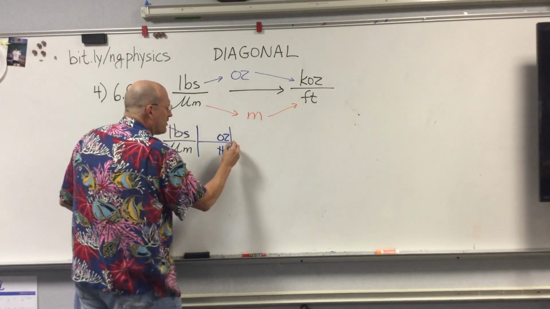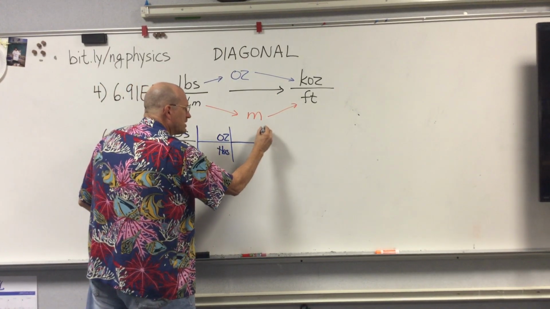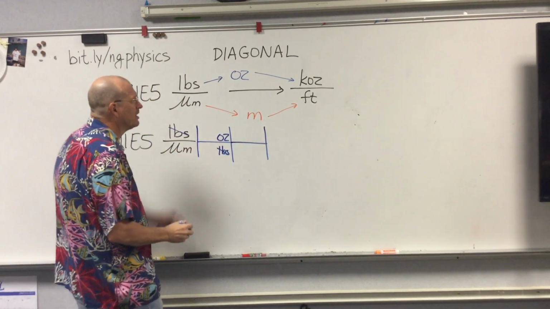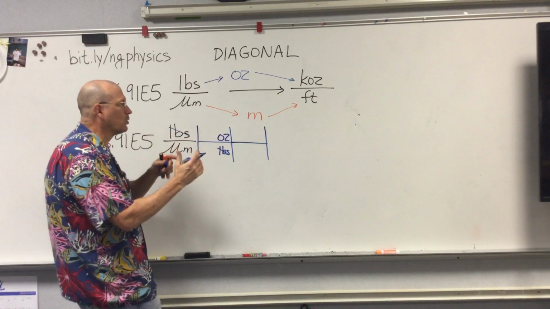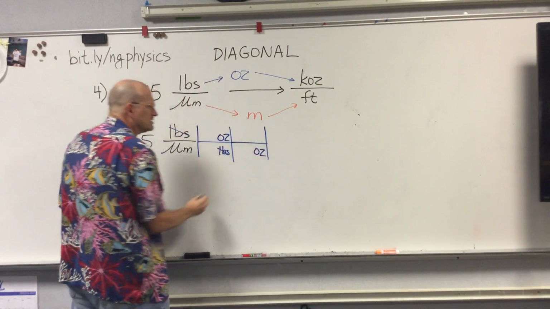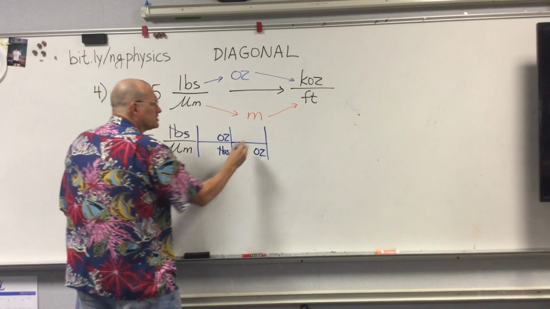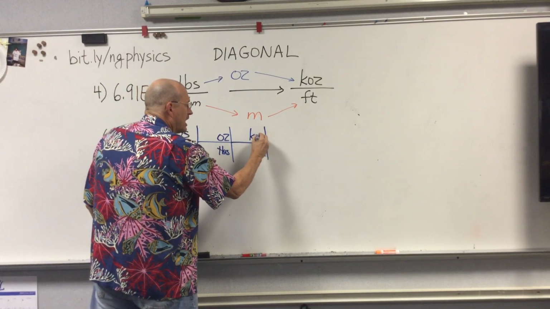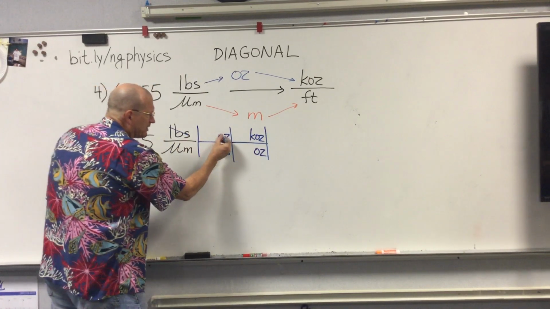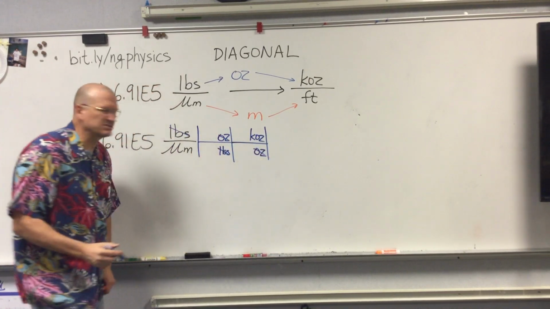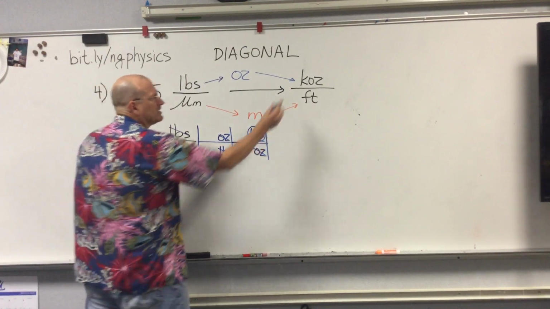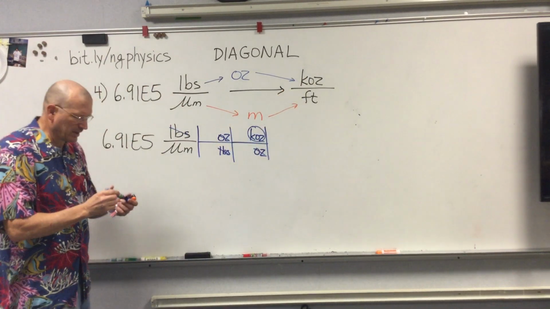I need to get now from ounces to kilo ounces, so I need another magic H. And here I need to make the ounces go away and introduce kilo ounces, so I need ounces diagonal, so they cancel, and then I could take this to whatever I want, but I want it to be kilo ounces. So now the ounces have canceled. At this moment, I'm good because now I have kilo ounces in the top, and that's what I want.